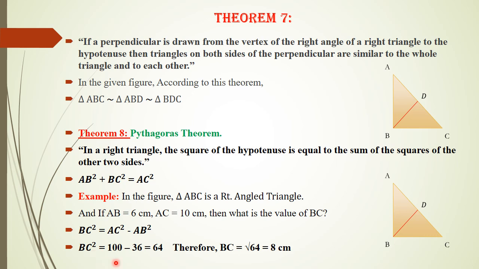Therefore, BC square I am getting as 64. Now I have to take the square root of 64 to obtain the BC value, and the square root of 64 is 8 cm. Therefore the value of BC is 8 cm here. Like this, using the Pythagoras theorem we can find the values and multiple results related to right angled triangles.